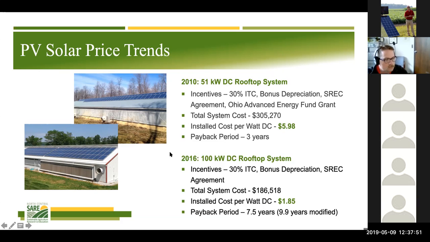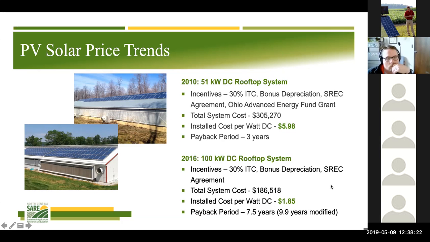These are two systems that, through dumb luck, are located in the same county, on the same utility line. So same county, same utility provider. They were installed by the same installer. So the only real difference here is time. In 2010, we were at $5.98 per DC watt, and in 2016, we're down here at $1.85 per DC watt.